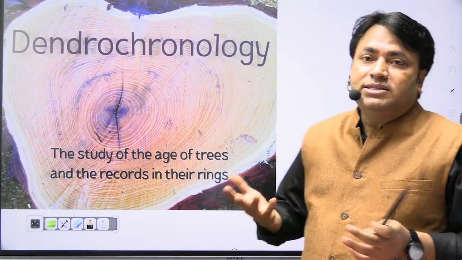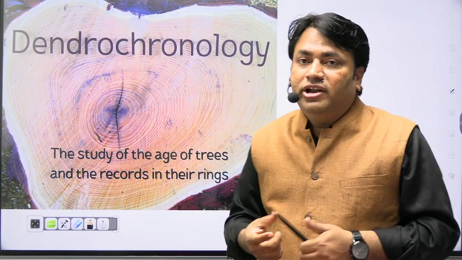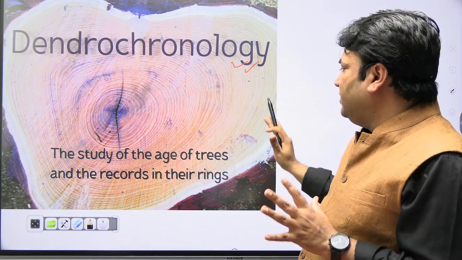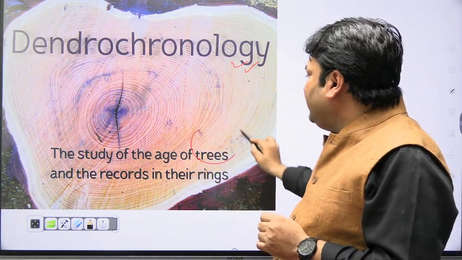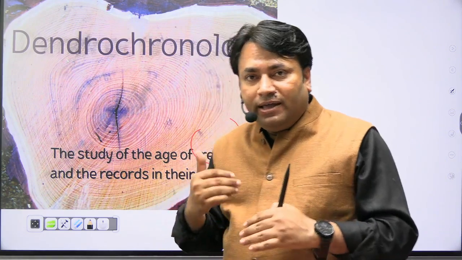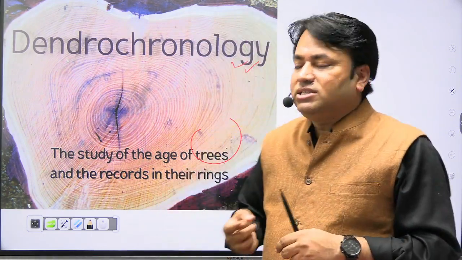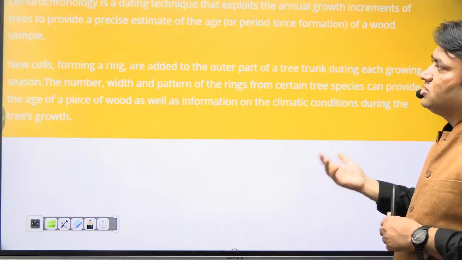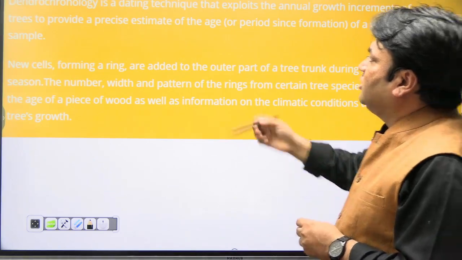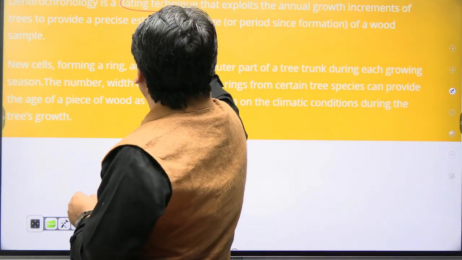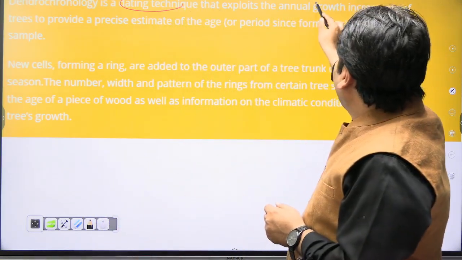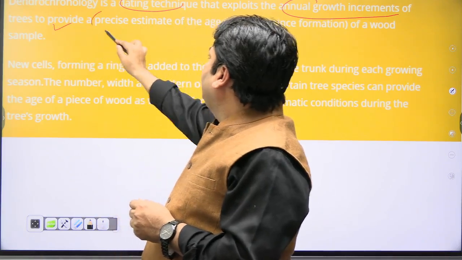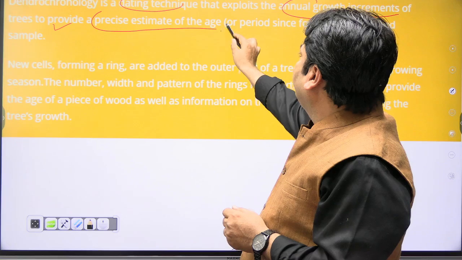The second method for absolute dating I have already explained was dendrochronology. In this method, the age of trees is estimated on the basis of the records in their rings. That is called dendrochronology. It is an absolute dating technique that exploits the annual growth increments of trees to provide a precise estimate of the age.